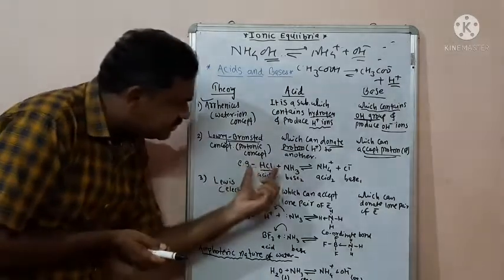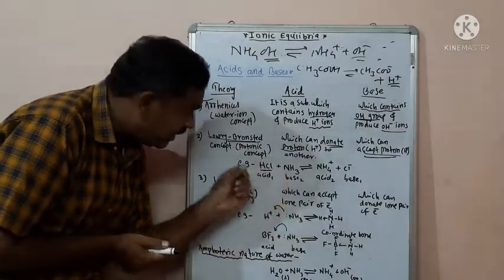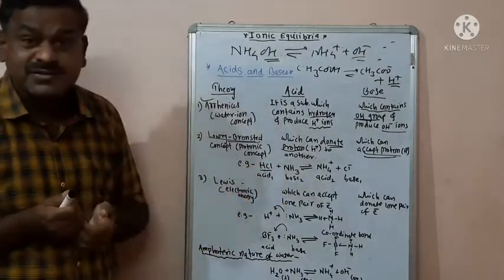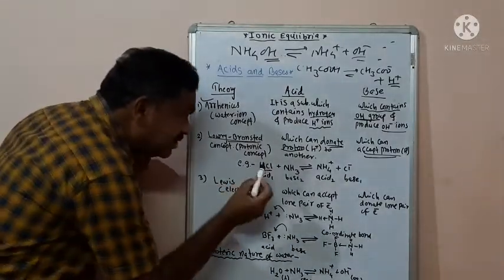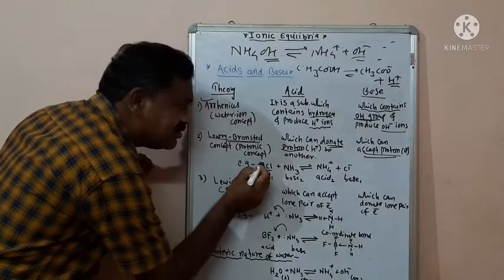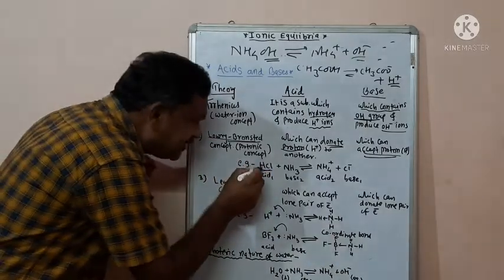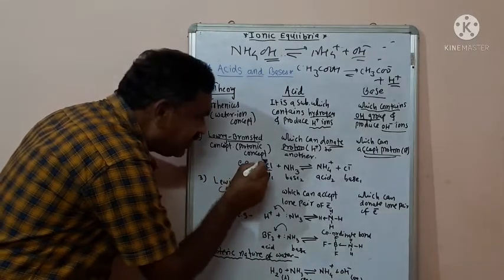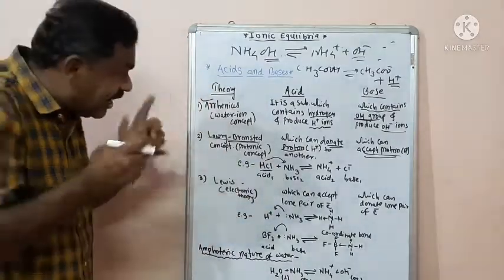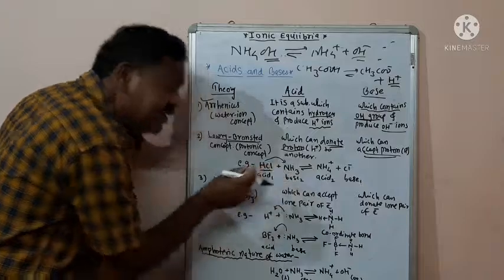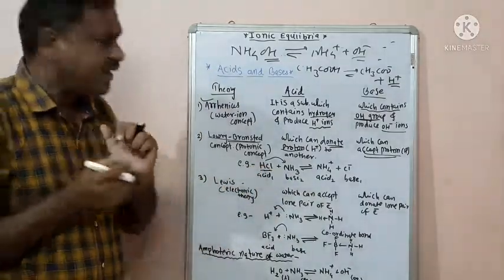Here in this example, HCl is an acid. Why is this called an acid? Because this H, that is one proton, is donated to the ammonia, and that's why HCl is an acid.